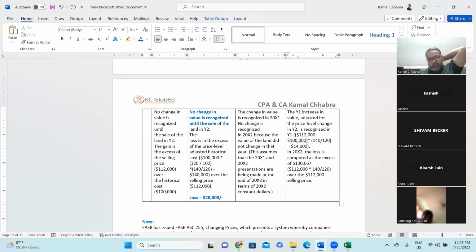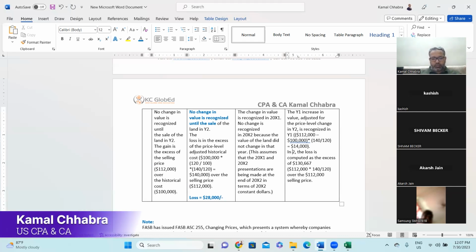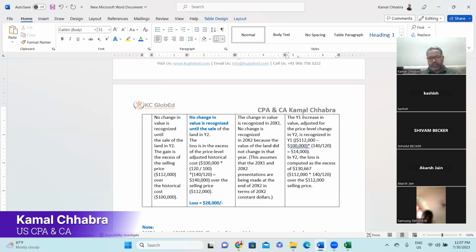In year two, the loss is computed as the excess of 112,000 multiplied by 140 divided by 120 over the selling price.